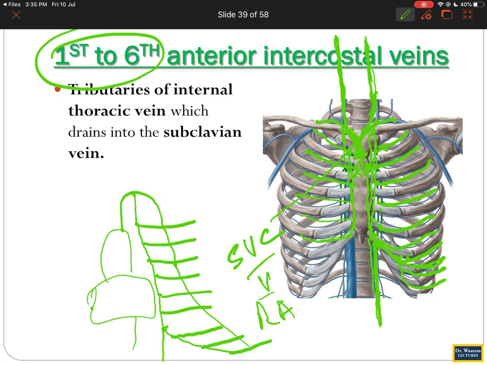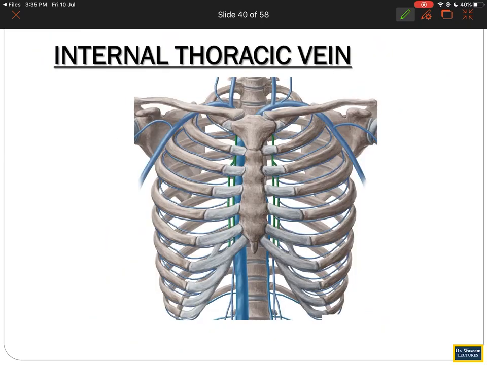Because on the posterior side the intercostal spaces don't reach anteriorly down to this area; the sternum stops here, so we don't have an anterior chest wall down here. That's why the anterior intercostal spaces are not drained by the anterior intercostal veins here. This is about your internal thoracic vein.